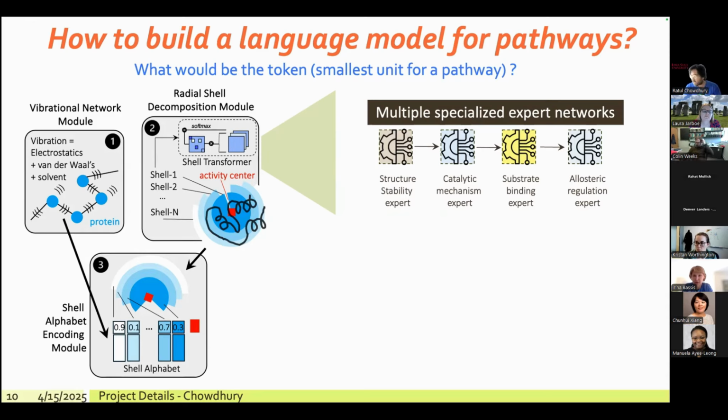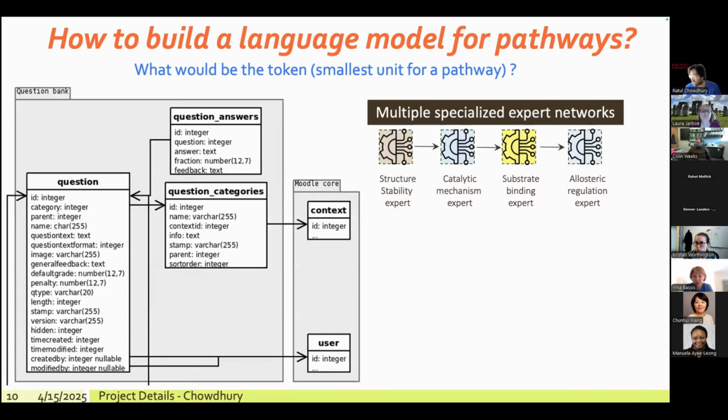The question answer format would go like this: okay, what is the binding score with this substrate with the specific variant, and we'll save as an answer the value of this. This question answer format is very important because this is sort of called a question bank, and this is something that could be leveraged by a very recent development in machine learning.